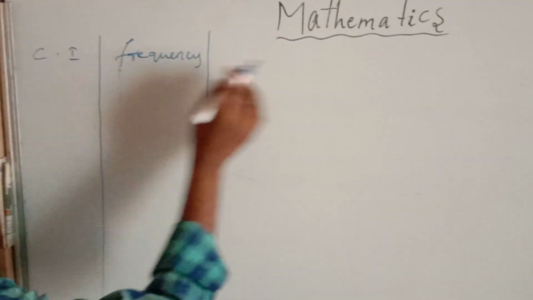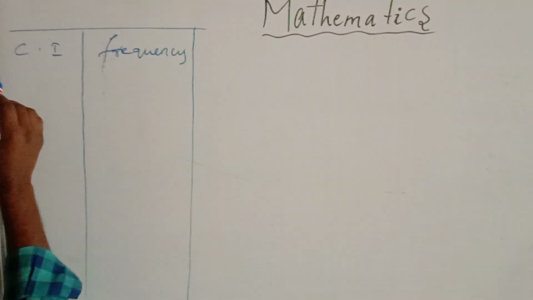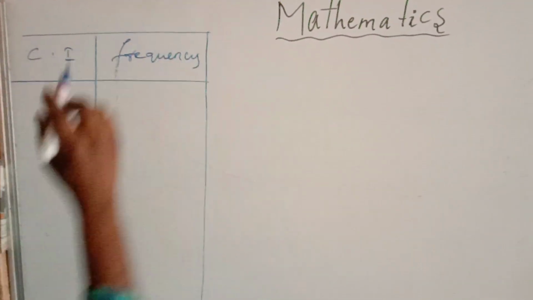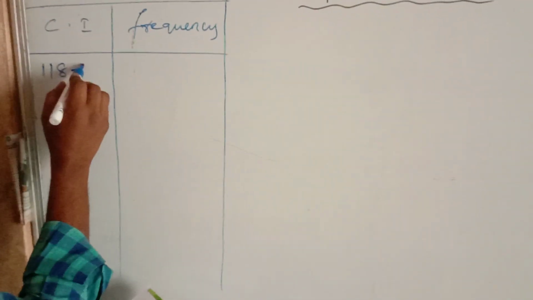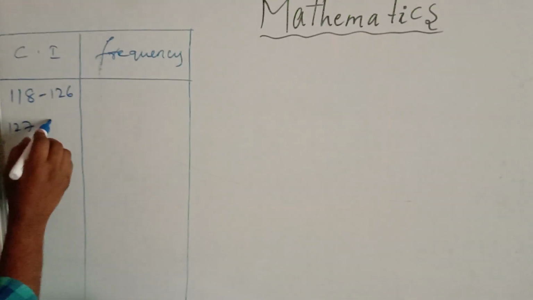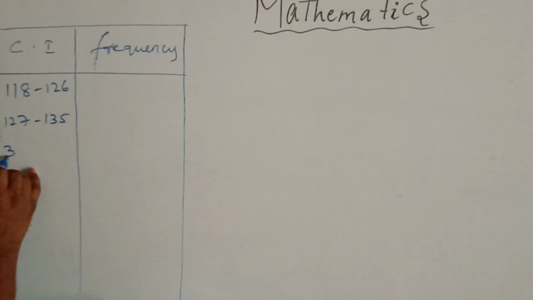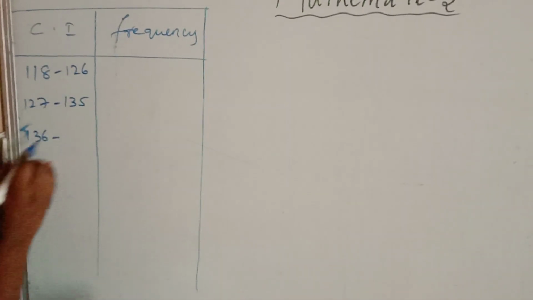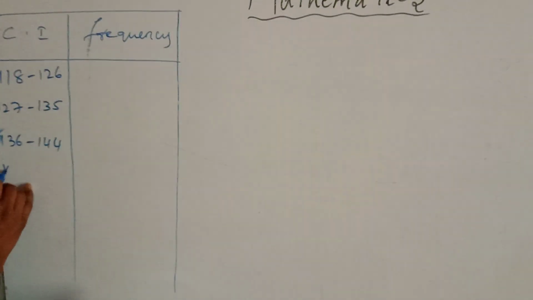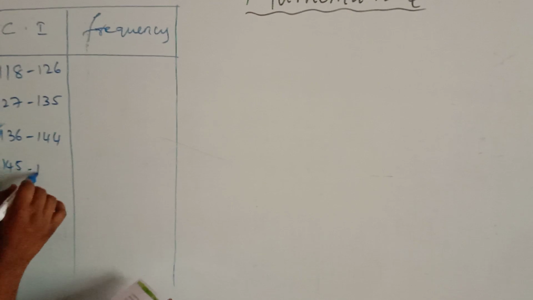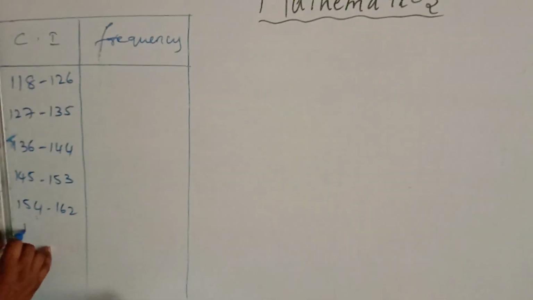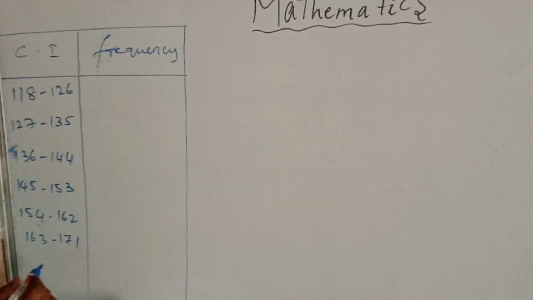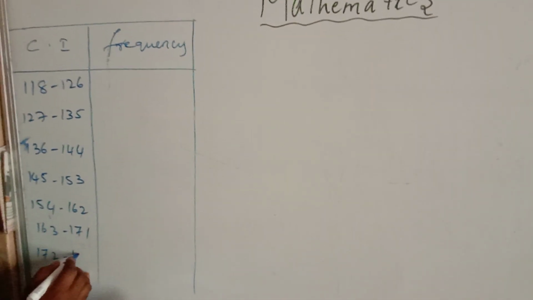So you are getting only two columns, and the classes are 118 to 126, 127 to 135, 136 to 144, 145 to 153, 154 to 162, 163 to 171, 172 to 180.